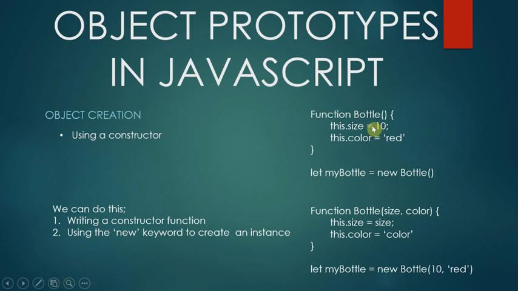Here we're using an assignment operator and not just a comma, because this has to do with a function. Once we have created this constructor function, you can use the new keyword to instantiate it, as you can say, create an instance of it, and store it in a variable. That is how this is done.